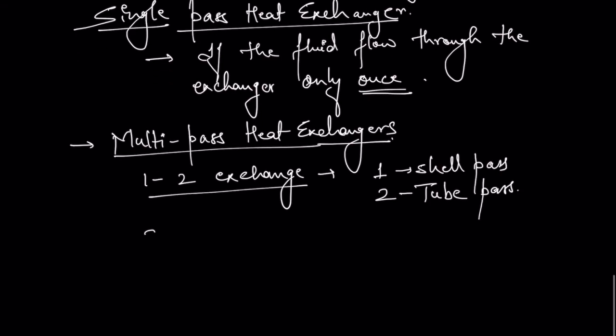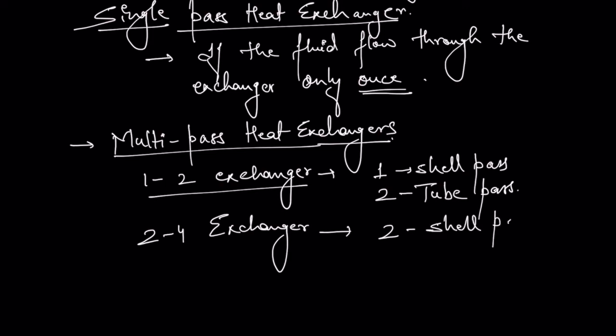If it is written 2-4 heat exchanger, so it means two shell passes and four tube passes. The first digit is for the shell, and the second digit is for the tube.